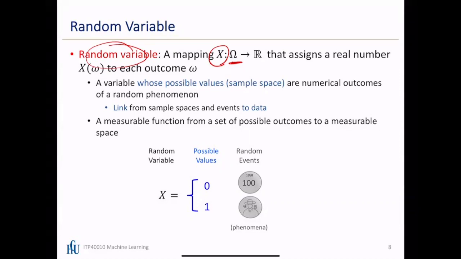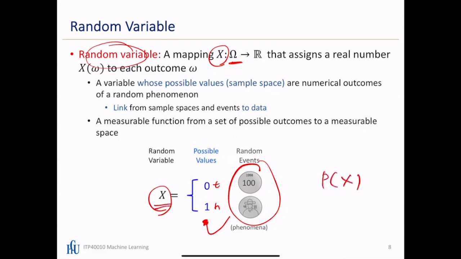For example, if we have this coin tossing event where the possible value is 0 or 1, where one is head and the other is tail, there should be a variable that can accommodate these possible values, and we call that a random variable. From now on, we are going to play with this random variable, putting the probability in front of it, sometimes the likelihood of X or something like that.